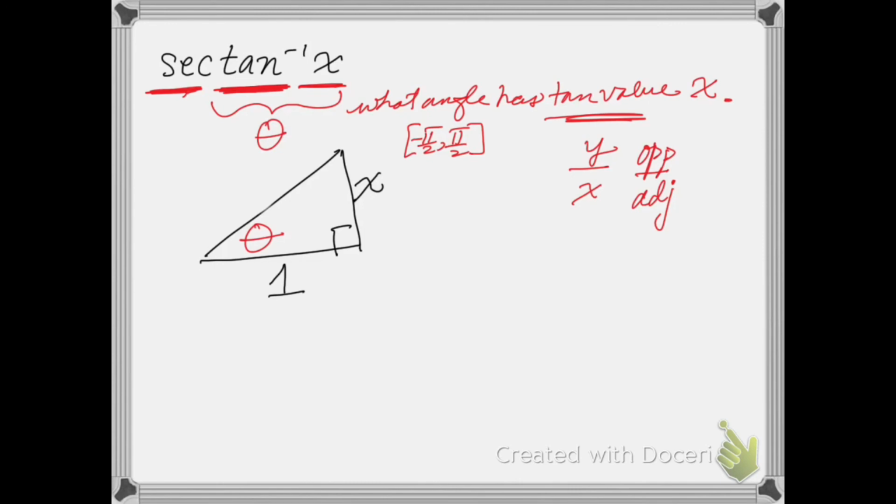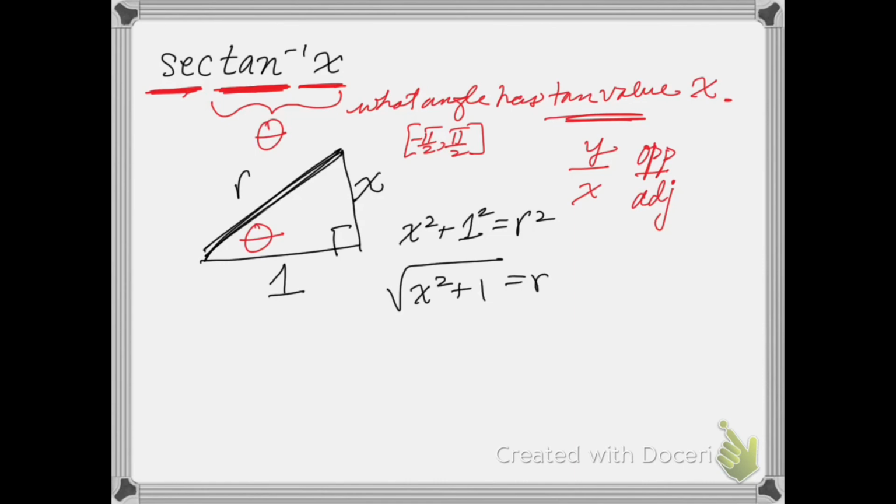And then I can find this hypotenuse here just by the Pythagorean theorem, right? So I'm going to call this r. I could say a squared plus b squared, which is x squared plus 1 squared, is equal to c squared, which is r in this case. And then r is this.